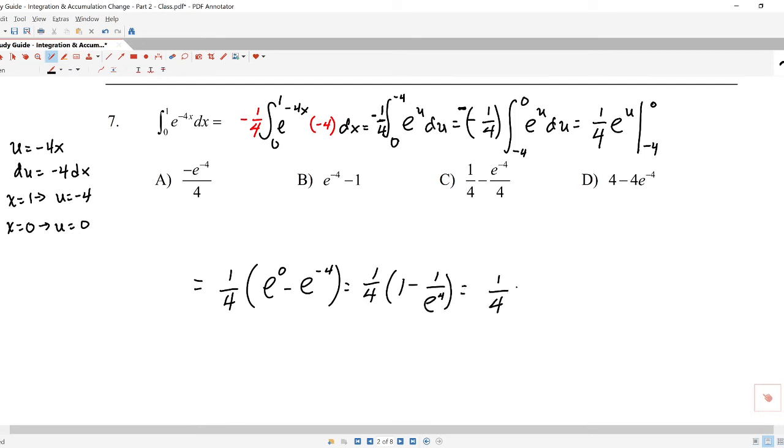So I get 1/4 minus 1 over 4 e to the 4. So 1/4 minus e to the negative 4 over 4. Okay, just recall again, I can always bring up anything I want as long as I change the sign of the power.